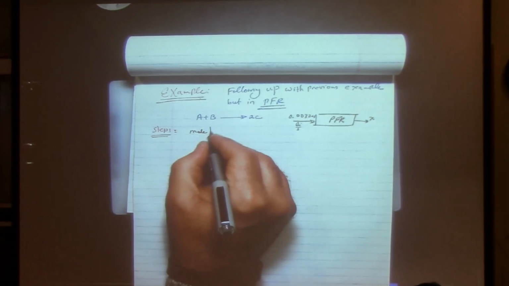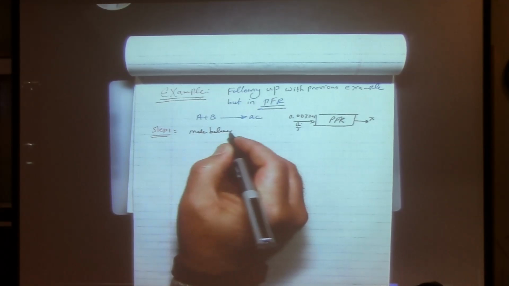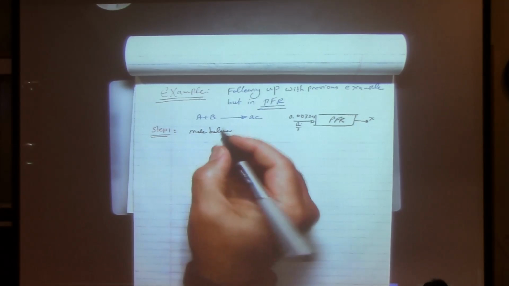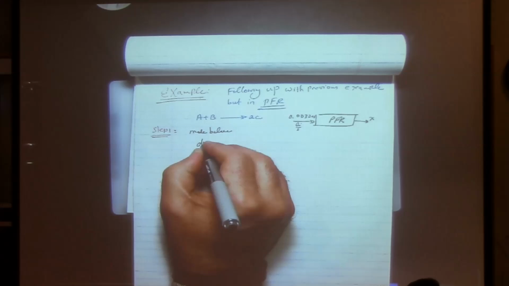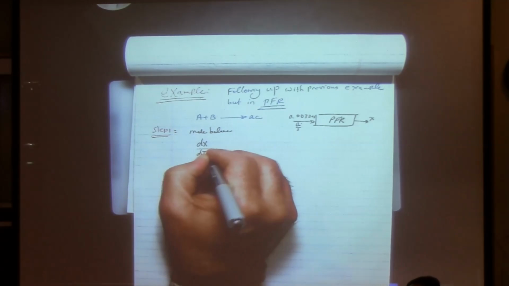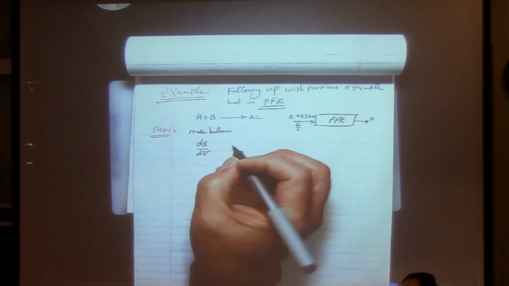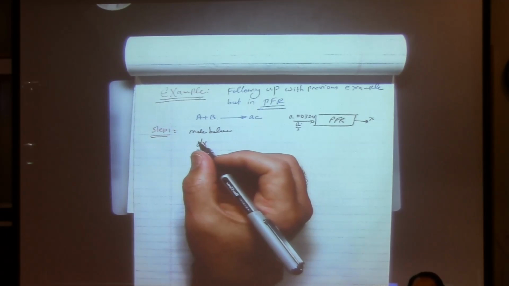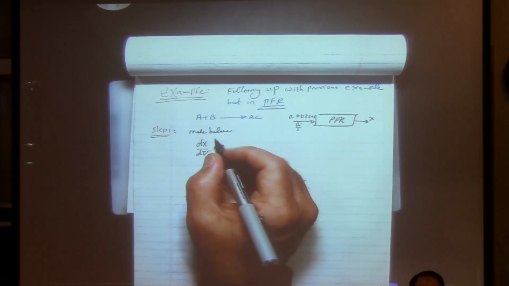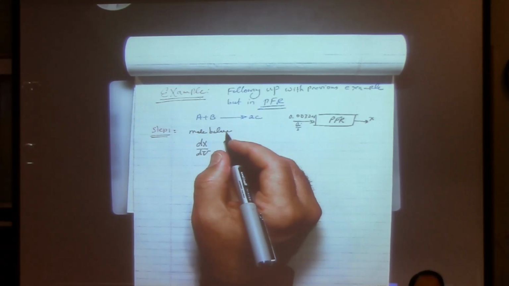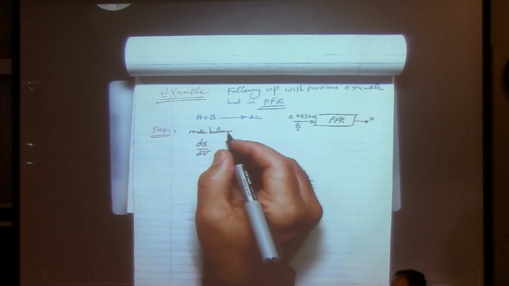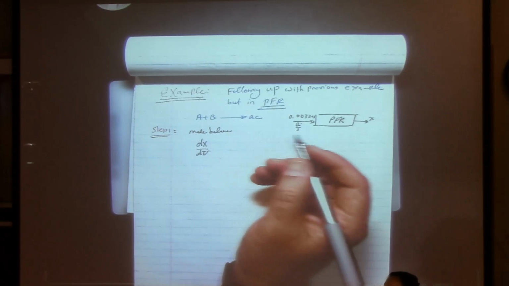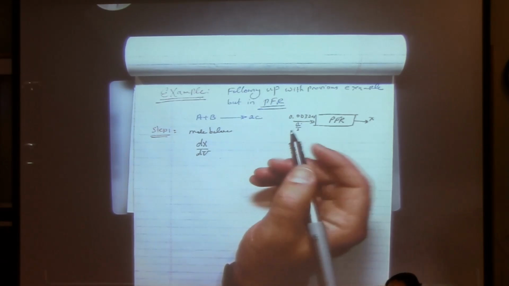Mole balance. Without looking at the notes, you know what the mole balance for a PFR is: dX over dV. This should be second nature now, so you don't even need to look at the notes. Also, we provide these equations for you for the exams. We are going to provide a single cheat sheet, so you don't have to bring anything.